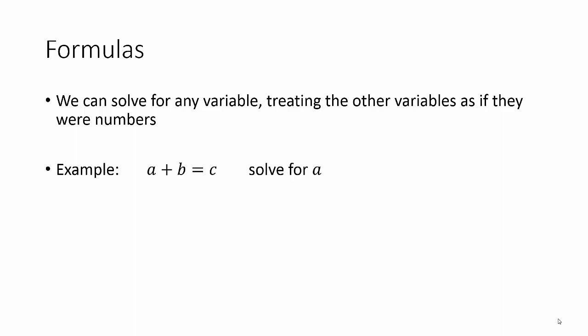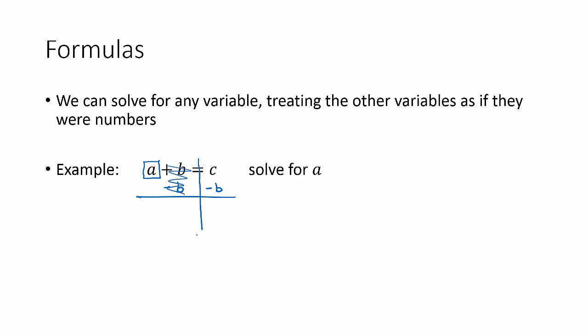So for example, if I have a plus b equals c, and I want to solve for a, that means I'm going to treat the b and the c just like they were numbers. If this was a plus a number, maybe a plus 2, I'd get rid of it by subtracting the 2. Well, exactly in the same way, I can subtract the b from both sides.